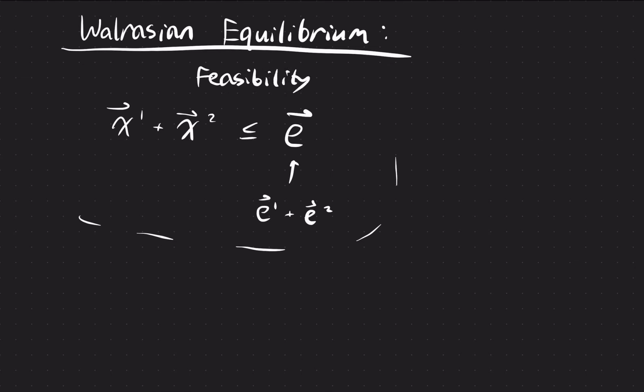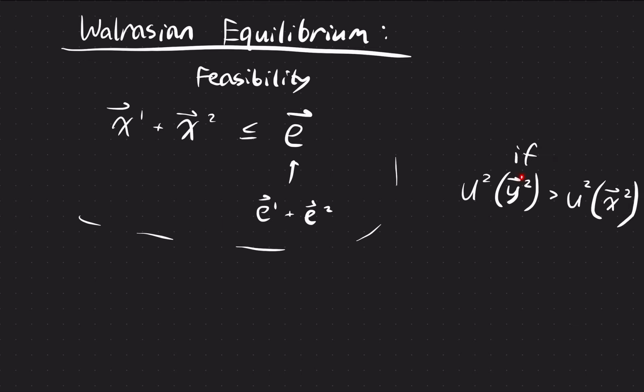The other one is that individual optimality has to be satisfied. For each of the people, they can't afford to be any happier. So the way we write that, I'll just write it all the way out. If utility 2, the second utility function, of some allocation y is bigger than of another allocation x, I'll write it more precisely. There we go.